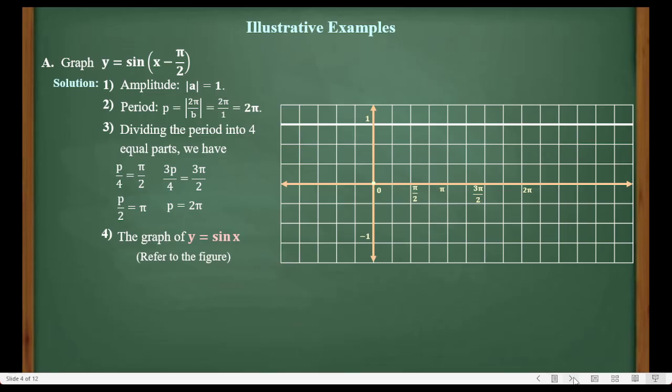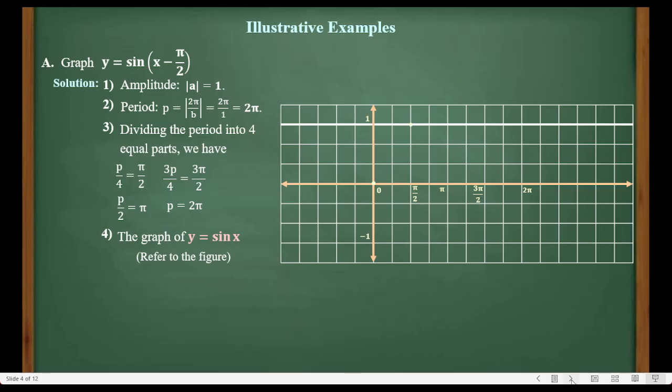Now, how did we know that the plotted points should be placed here? Tapat ng 1 at tapat ng pi over 2. Basically, we could use this equation and we substitute the value of x. The value of x is taken from this one, pi over 2, and we know that sine of pi over 2 is equal to 1.